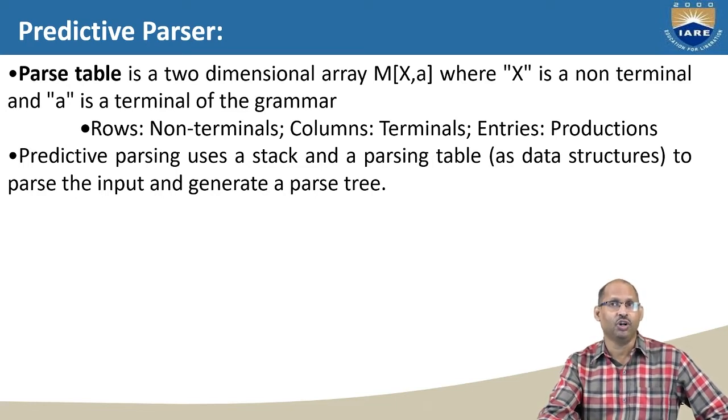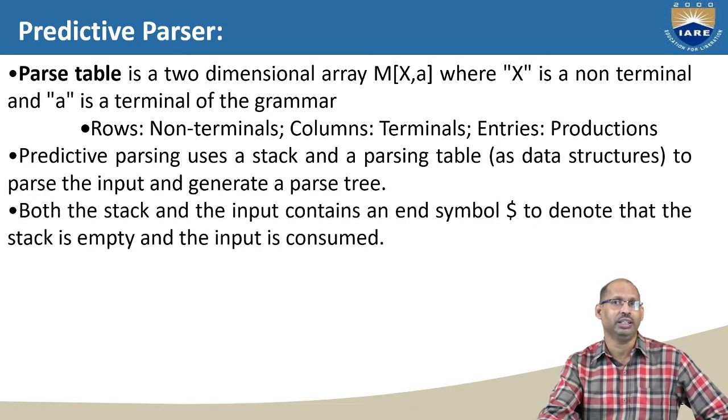For every combination of non-terminals and terminals, we write a production which is to be considered. Both the stack and the input contain an end symbol $ to denote that the stack is empty and the input is consumed.